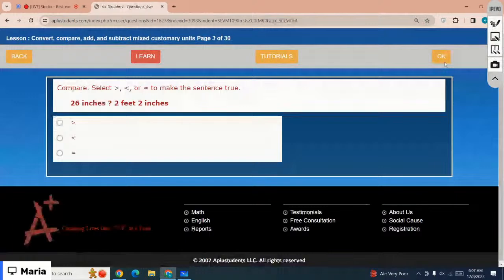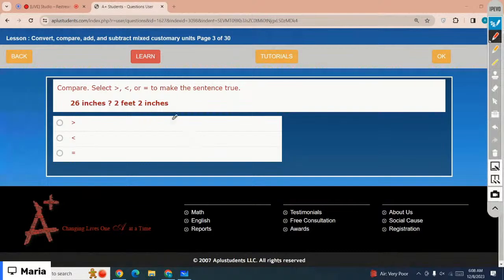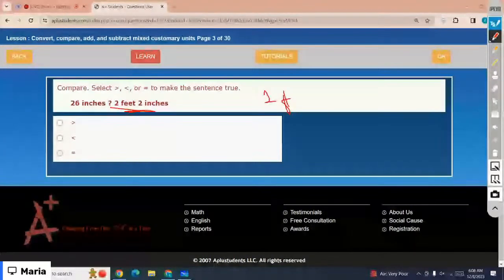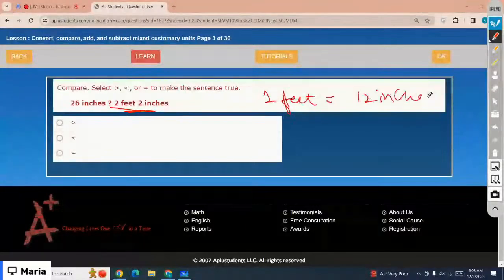Okay, the next one is you have to compare 26 inches to 2 feet 2 inches. Convert this 2 feet 2 inches to inches, all right? 1 foot equals 12 inches. So 2 feet equal 2 times 12, and 2 times 12 is 24.